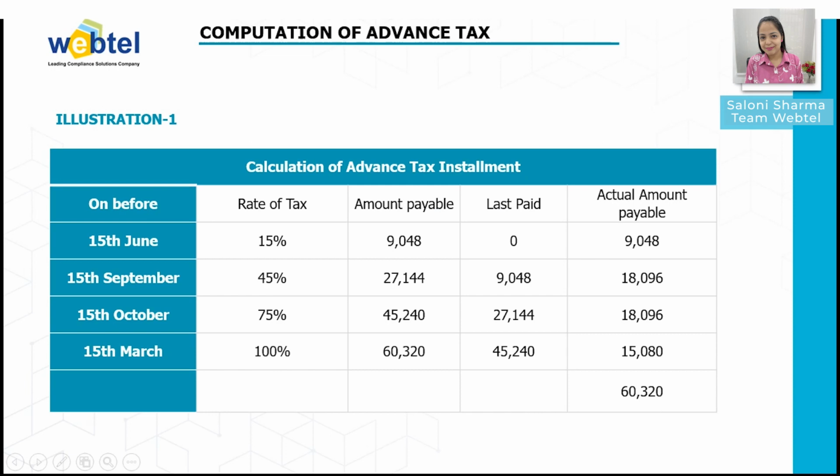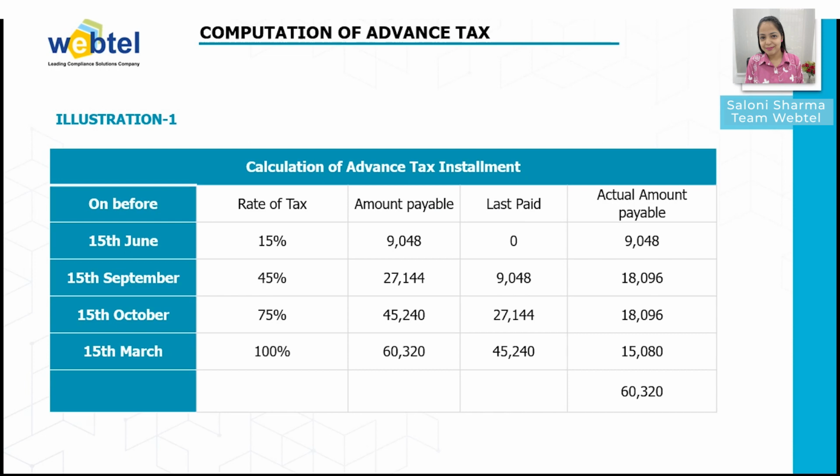Up to 15th September, you need to pay 27,144 rupees, and up to 15th of December, you need to pay 45,240 rupees. And till the 15th of March, you need to pay 100% of your tax as an advance tax of 60,320 rupees.